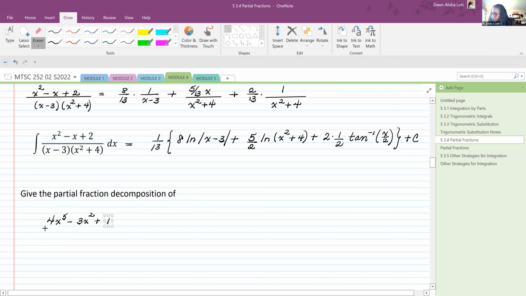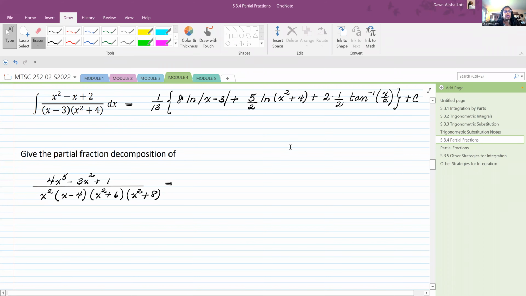So what's the partial fraction decomposition of that? What do I have to get? So I want you to work on that and then give me an idea. Then somebody can please volunteer and tell me what you get.